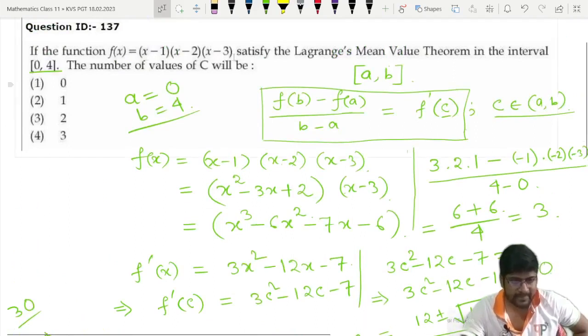If the function satisfies the Lagrange's mean value theorem in the interval 0, 4, the number of values of c will be what? x minus 1 into x minus 2 into x minus 3.